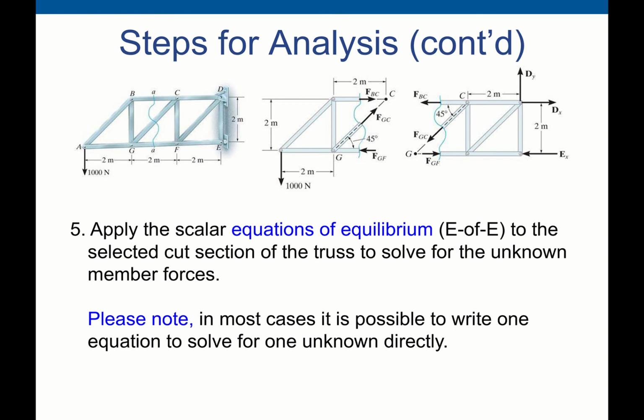So you can reduce the number of unknown forces quickly. First you have to look at the problem and think about which point you can choose for calculating moment, sigma moment equal to 0, to identify one unknown force directly.